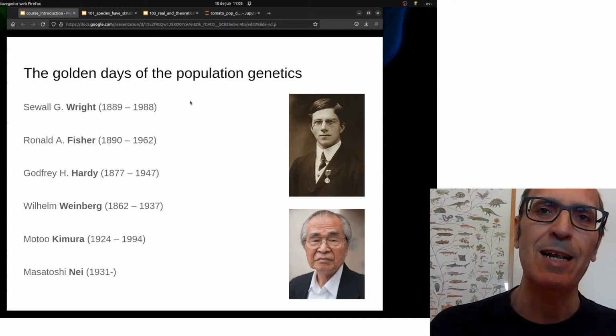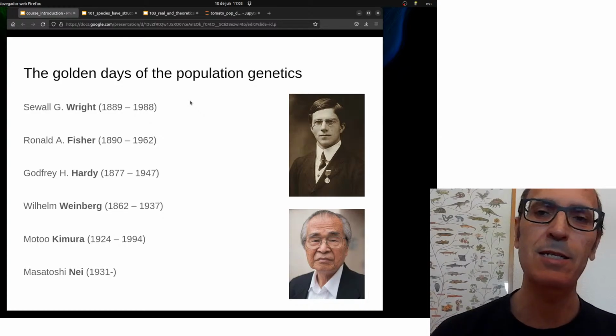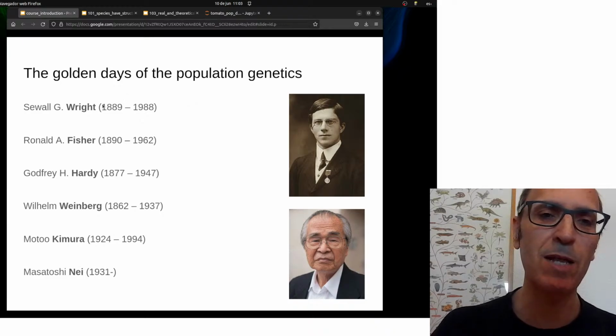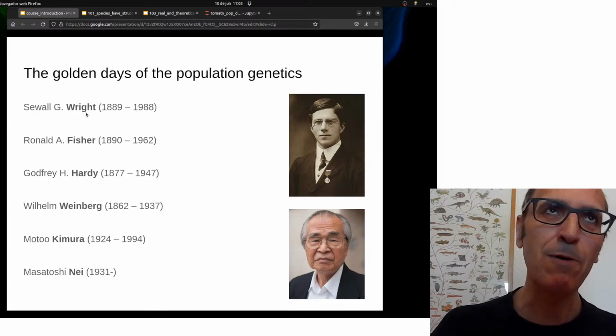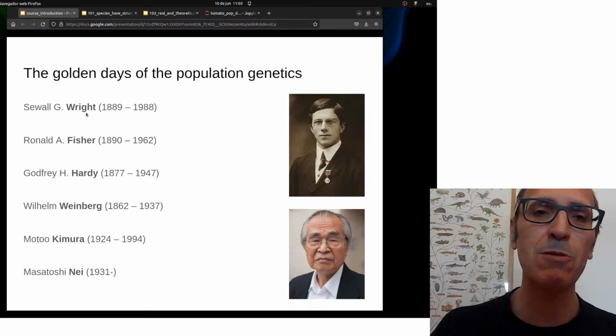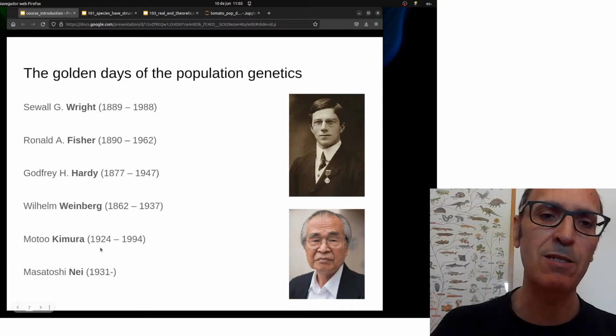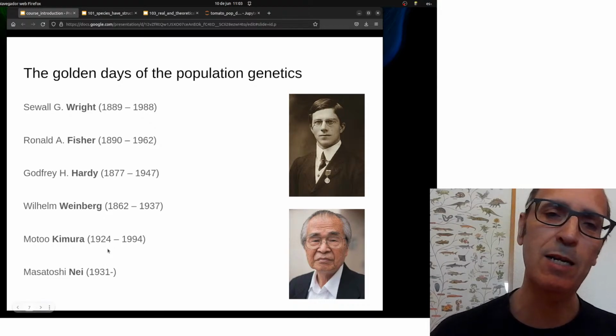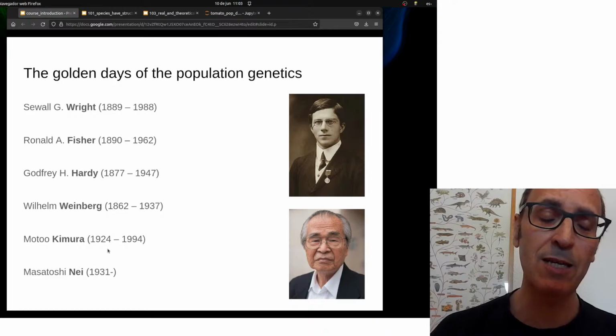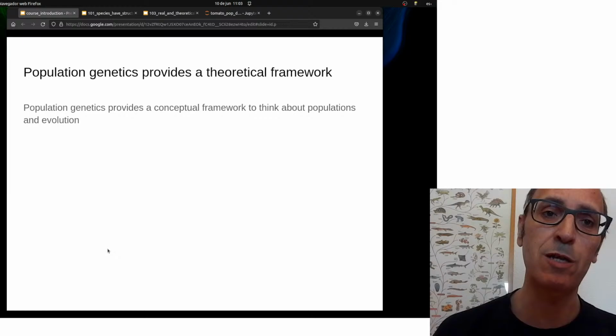The classical approach is the one that you will find in almost any textbook, and it was developed mainly by people in the first part of the 20th century and also in the 70s by people like Kimura and Nei. But it's very theoretical because, as I have said, there was almost no data about real populations at that time.